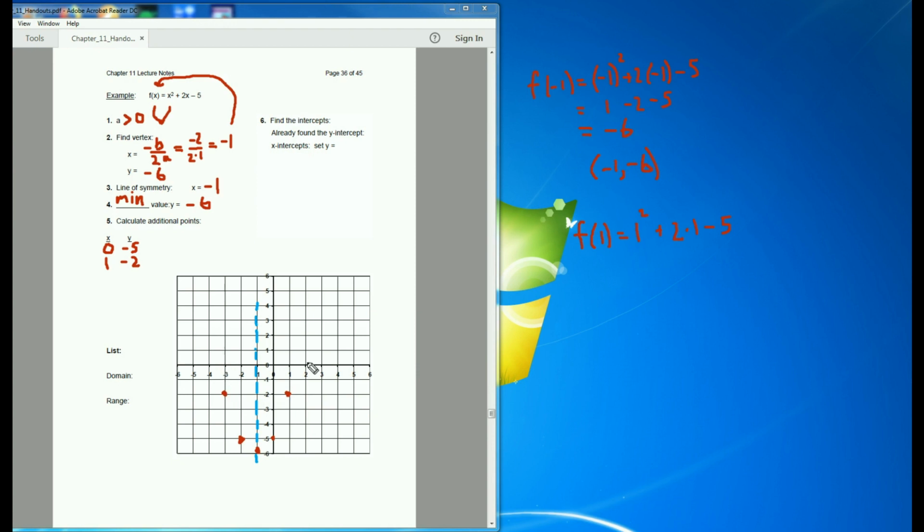And let's just do one more. Let's go to x equals 2. Okay. Plugging that into the function, we're going to have 2 squared plus 2 times 2 minus 5. So this is 4 plus 4 is 8, and 8 minus 5 is 3. So that's the point 2 comma 3. So 1, 2, 1, 2, 3, we're right here.